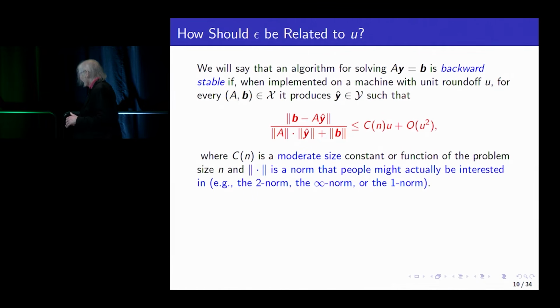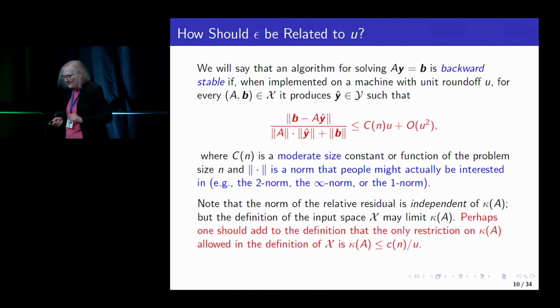There are plenty of other norms that people might be interested in. But if you start allowing norms that depend on A and even on b, you can make the norm of this thing small when the order of magnitude of y hat is nowhere near correct. So we'll leave that much vagueness in the definition.